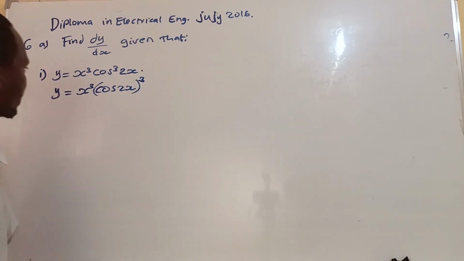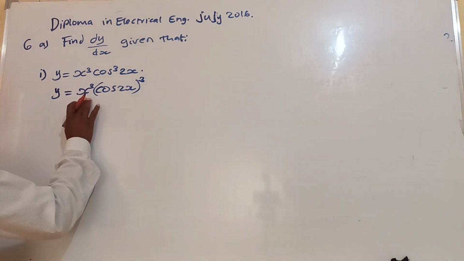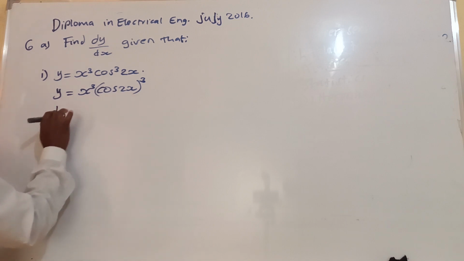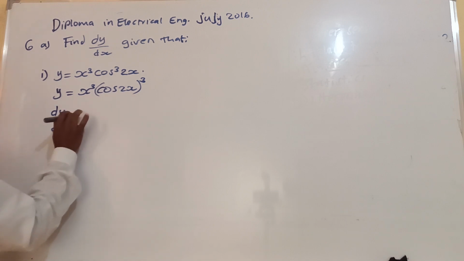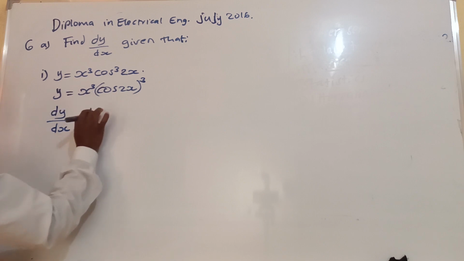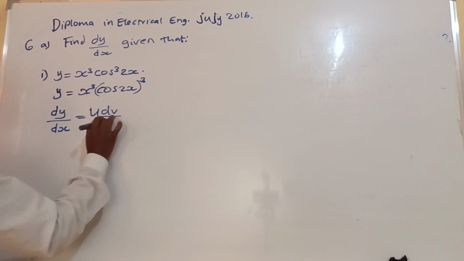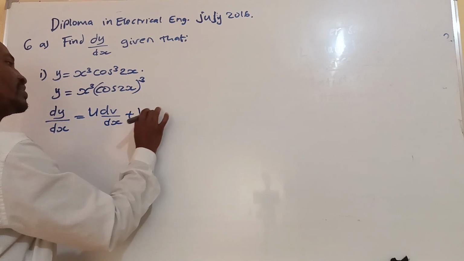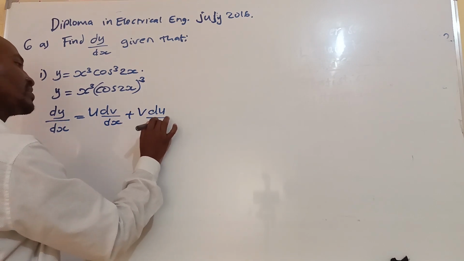If we let this be our u and this one to be our v, the derivative of y with respect to x will be equal to u dv/dx plus v du/dx.